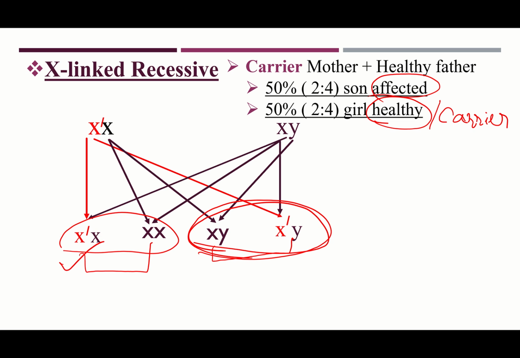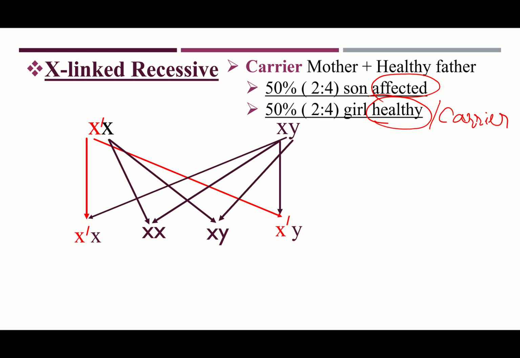Okay, what happens when the gender is not mentioned? Like they didn't tell you, or you don't know how many boys or girls there are, and they are asking you for the result all together. In that case you will consider again four possible outcomes, each having 25% chance. You can see that two here are unharmed, they do not have the disease, and they are also not carriers.